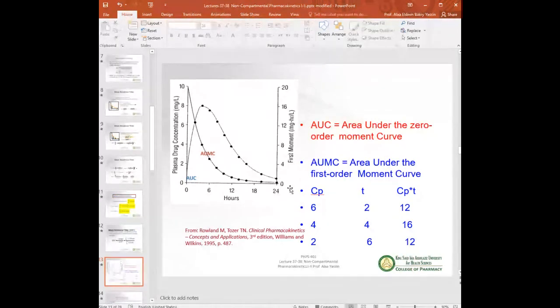This is the AUMC using this y-axis. Forget the left one. And now we put the two y-axes to compare how they correlate to each other. The same x is used, the same sampling time points.